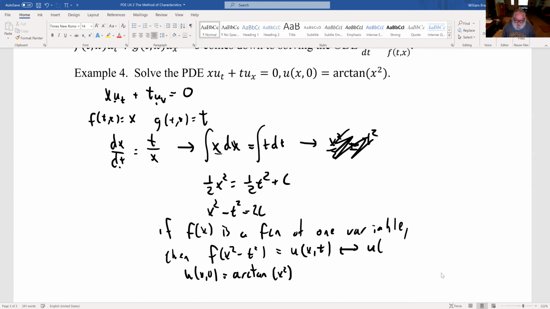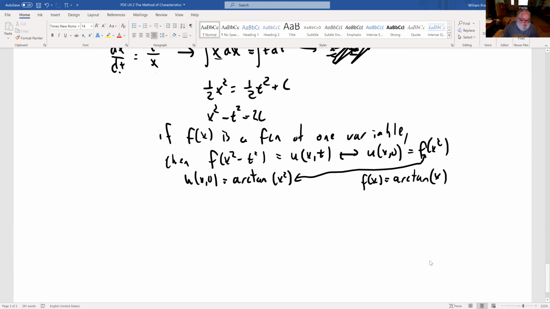From this, we get u of x comma 0 by plugging in t equals 0, which gives me f of x squared. So comparing these two things, that's telling me that the function I want for this is arctangent of x.